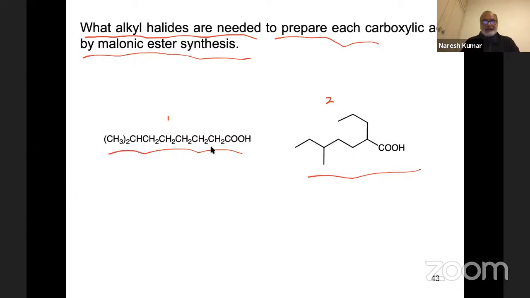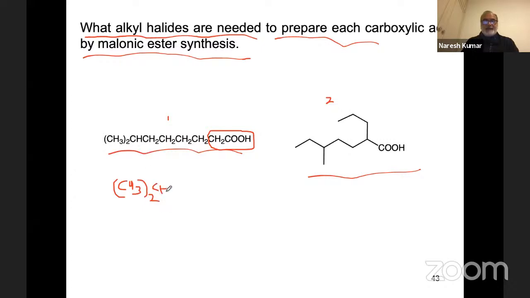If you think back, what I've been telling you is that the CH2COOH portion of the molecule comes from the malonic acid and the rest comes from the alkyl halide. So you can happily say that the alkyl halide you're going to need for this reaction is going to be the CH2 here and then CH here.